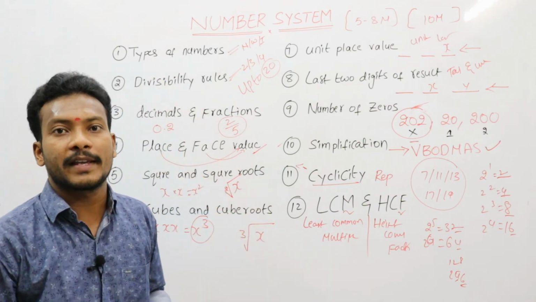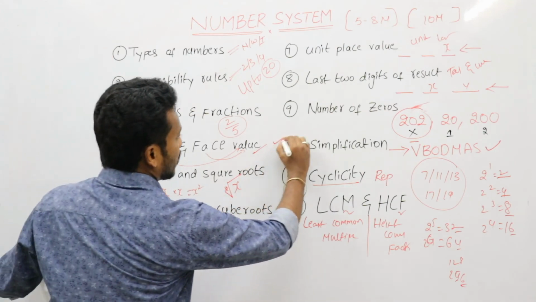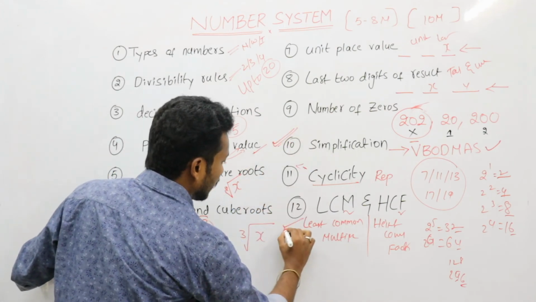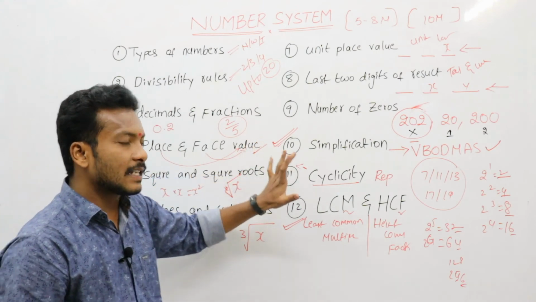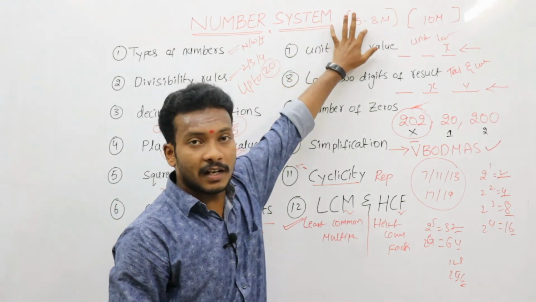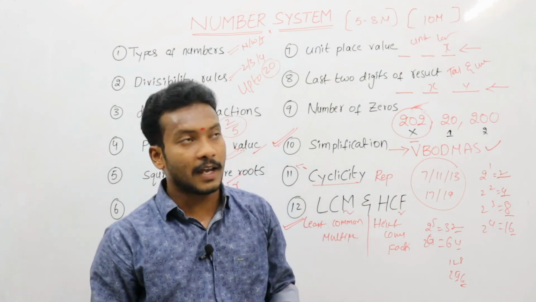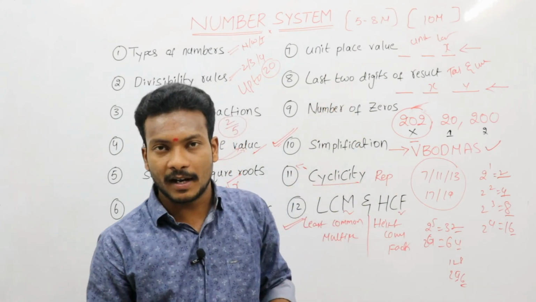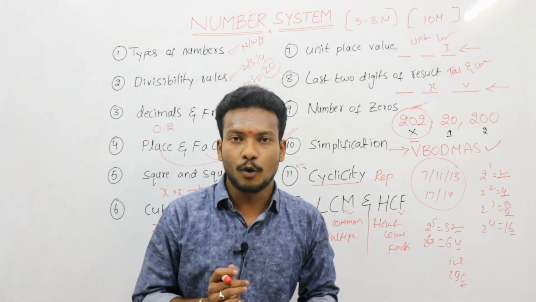The major topics among these 12 are simplification and LCM and HCF. These consist of minimum 5 marks for bank exams, and compulsory 3 to 4 marks for the SSC exam.